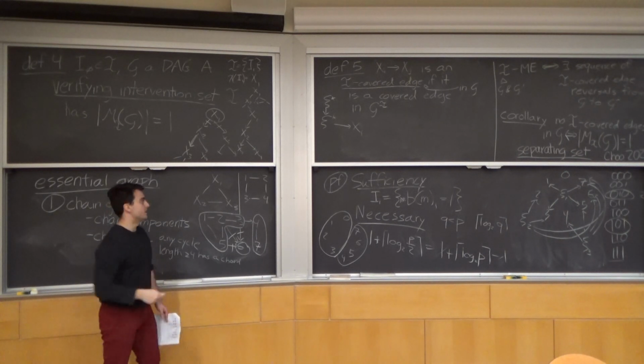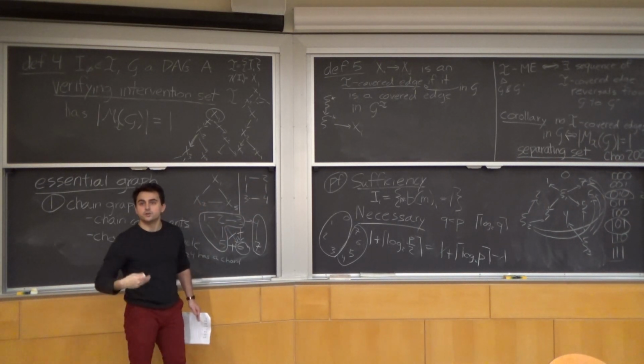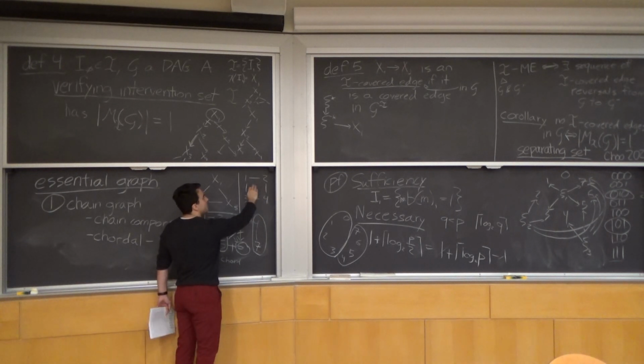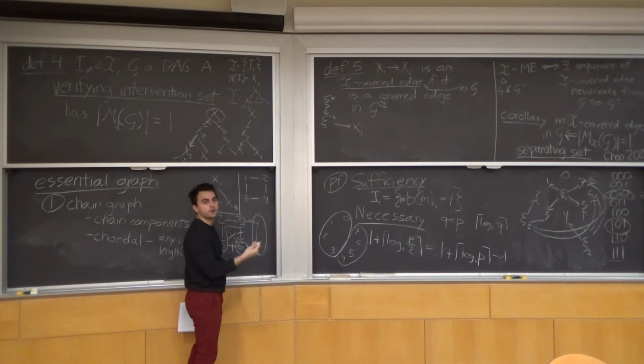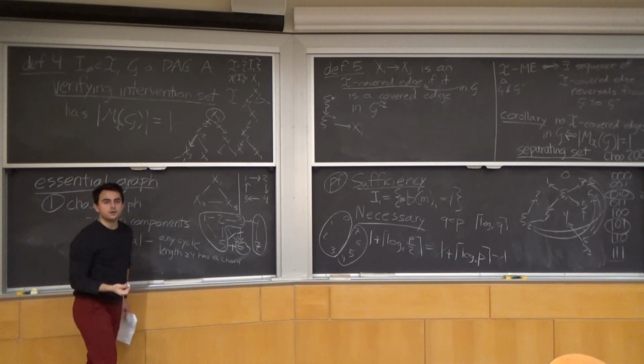If I did have a non-chordal graph, a cycle of length greater than 4 with no chord, then I could take that cycle, and because it's an essential graph, I know that there's some DAG in it such that the edge is in whichever direction, so I can arbitrarily choose the direction. Then from the first Meek rule, this propagation of 1 goes to 2, then 2 goes to 4, 4 goes to 3, I would get a cycle.